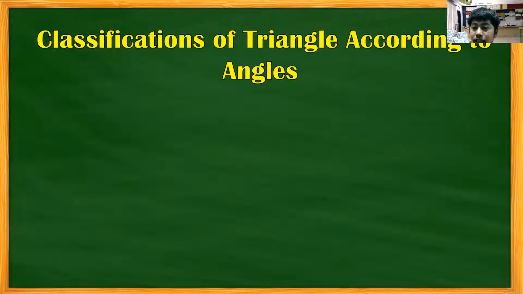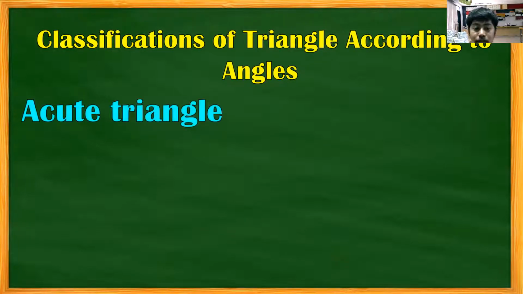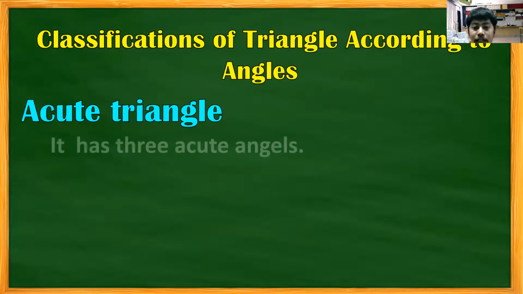Okay, classifications of triangle according to the angle. According to the angle inside, the first one is the acute triangle. It has 3 acute angles, not more than 90 degrees.